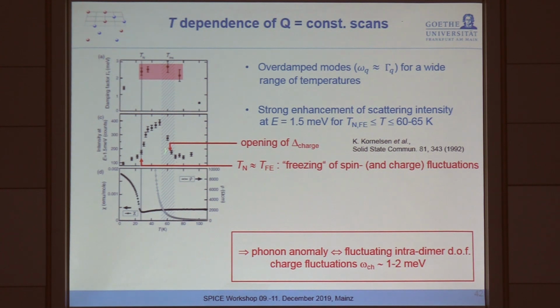And the very fact that we see the anomaly at an energy of 1.5 millielectron volt tells us that the mode to which these phonons couple should be of the same energy, namely between 1 and 2 millielectron volt. So this means that we have charge fluctuation on the dimers with these excitation energies.